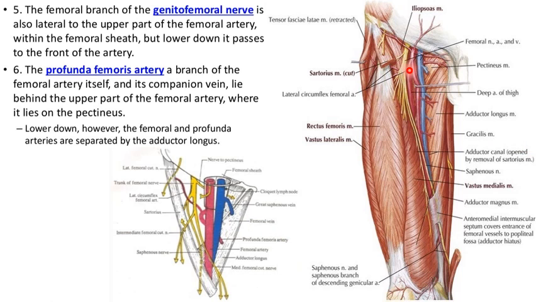So this is the profunda femoris artery, the largest branch of the femoral artery. Clinically, the surgeons name the profunda femoris artery as the deep femoral artery and the femoral artery as the superficial femoral artery, and proximal to the profunda femoris artery, the proximal part of the femoral artery is called the common femoral artery.